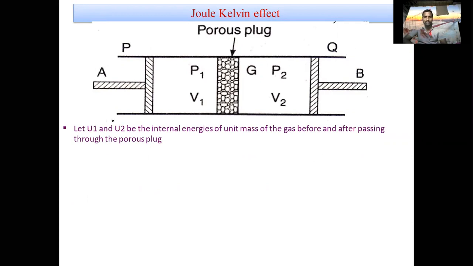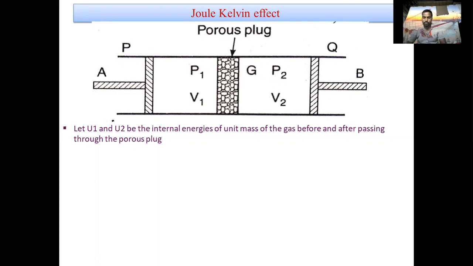U1 is the internal energy before passing the gas. After passing the gas, the internal energy of the system or gas is U2.